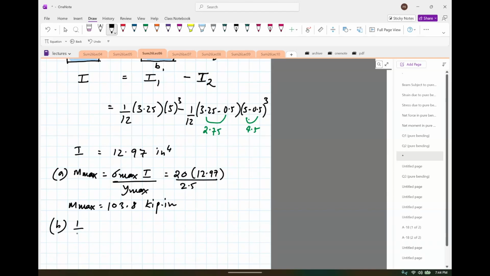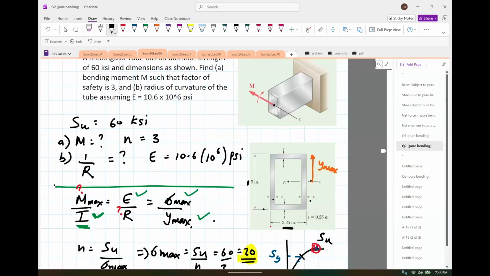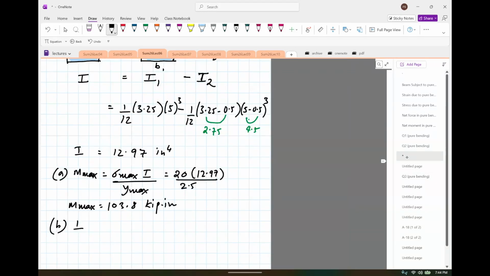And then we have to compute 1 divided by R, or rather let's actually figure out R. So curvature is 1 divided by R, but let's just figure out R. So R is E Y max divided by sigma max. So E is 10.6 times 10 raised to 6. Young's modulus is a big value.